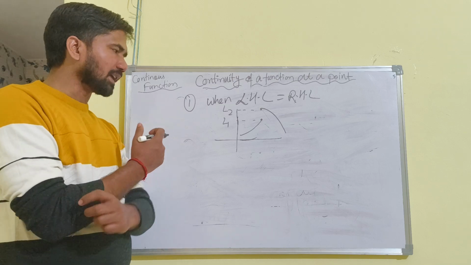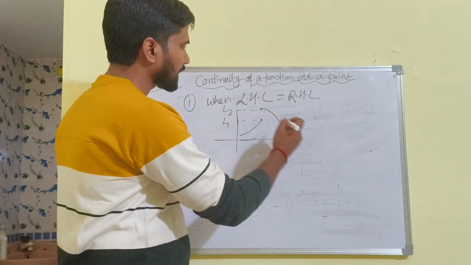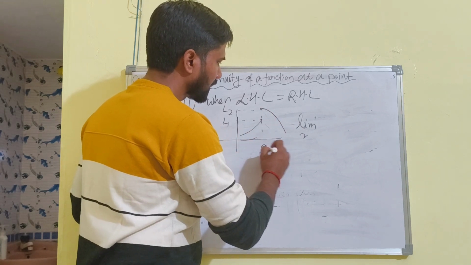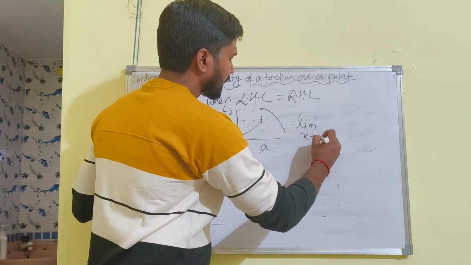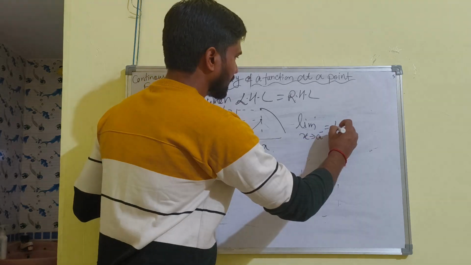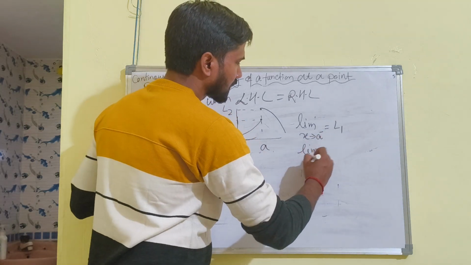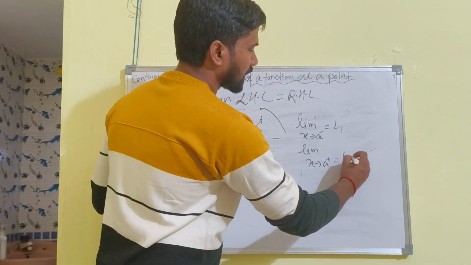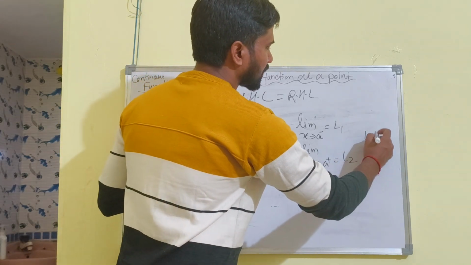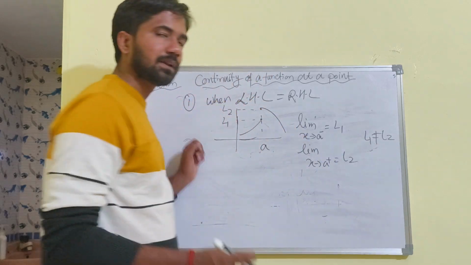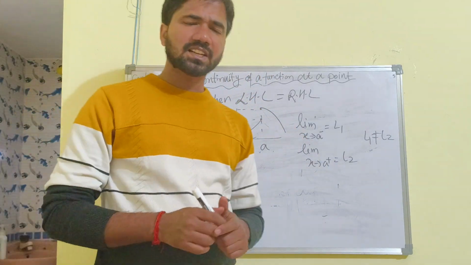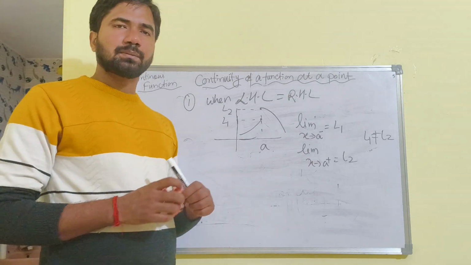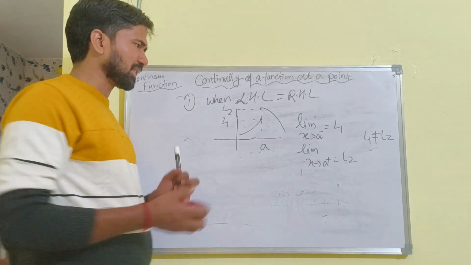Let's see one example. Suppose this is the point a. The limit as x tends to a minus is L1, and the limit as x tends to a plus, the right hand limit, is L2. Here L1 is not equal to L2, which means the limit does not exist. Let's take one example of this, the signum function.